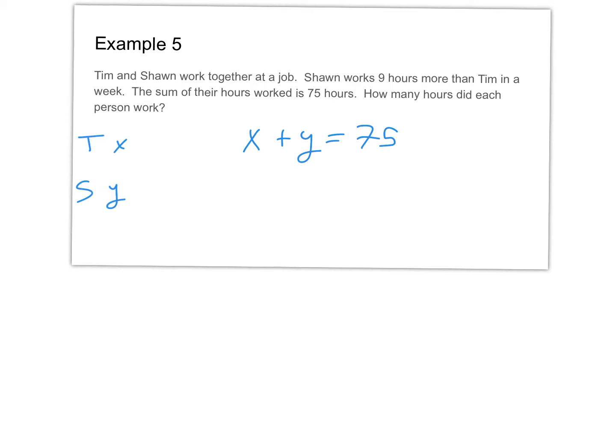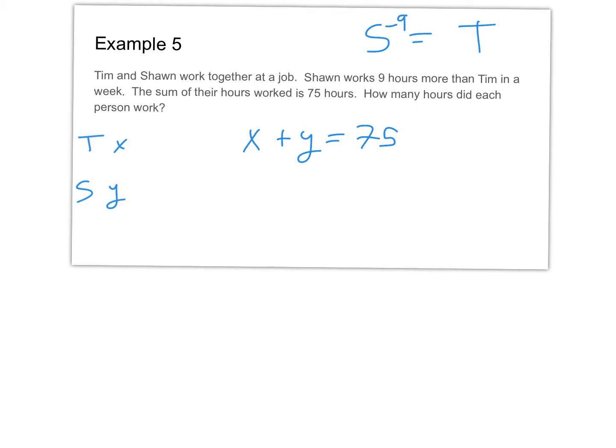But now, here's the catch. Sean worked 9 hours more, but we need to make sure that this is balanced. If you're looking at Tim, you take Sean's hours minus 9 to balance this out. And this is the confusing part about this. You have to think about it.